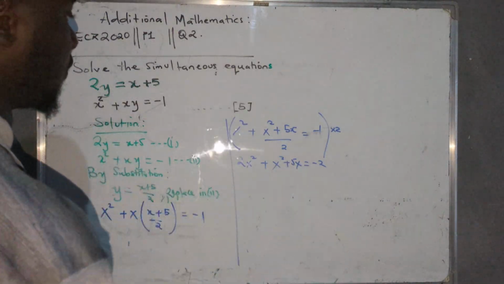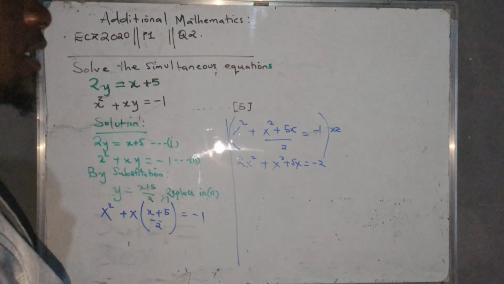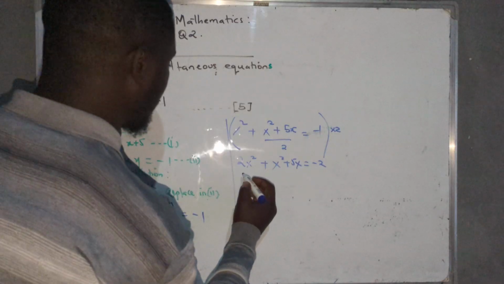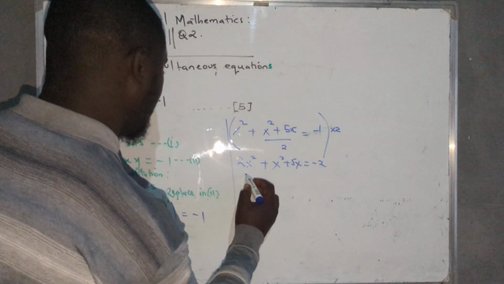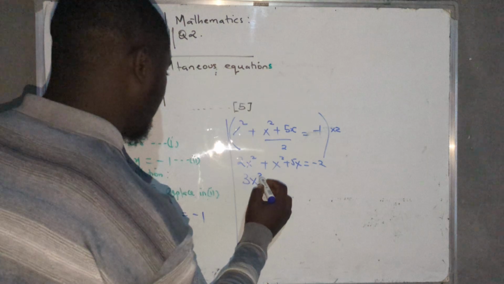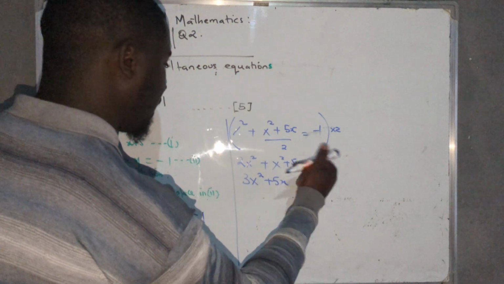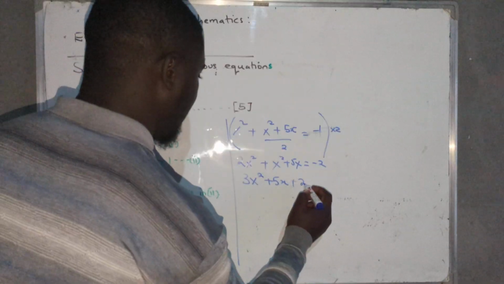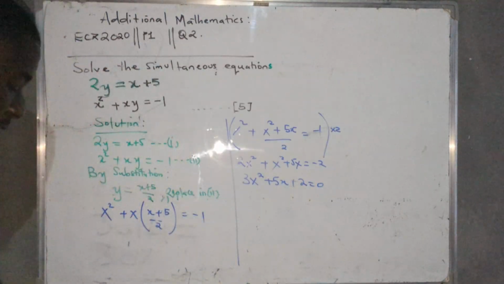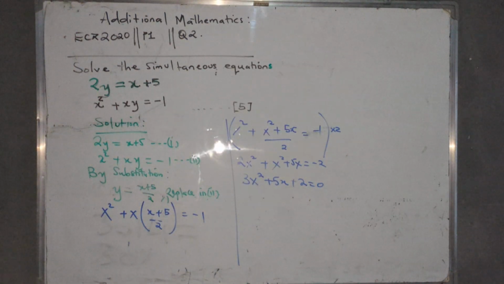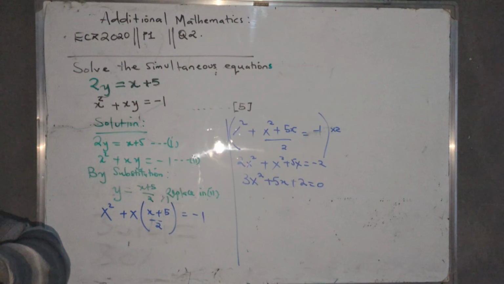So having this equation now, understand that we have like terms here. So having like terms, you can collect them and then add. So this is going to give us 3x squared plus 5x. And then this 2 can actually come to this side, since this is going to give us a quadratic equation.